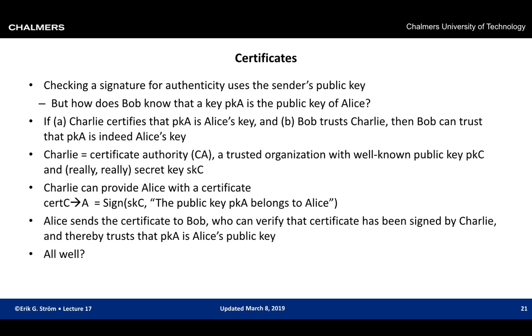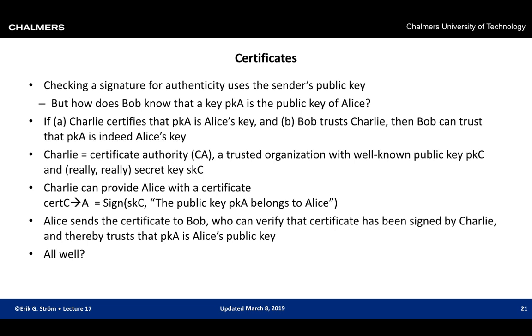So, in a little bit of a picture here, we have Charlie, who we trust, and Charlie issues this certificate, which says that PKA belongs to Alice. This is the plain text of the certificate, and then this is signed with Charlie's secret key. Okay.